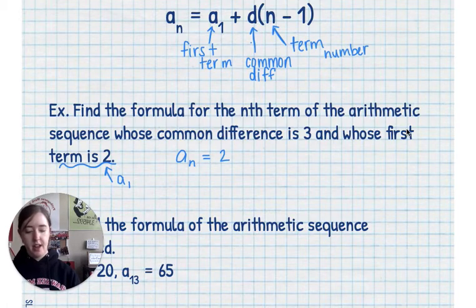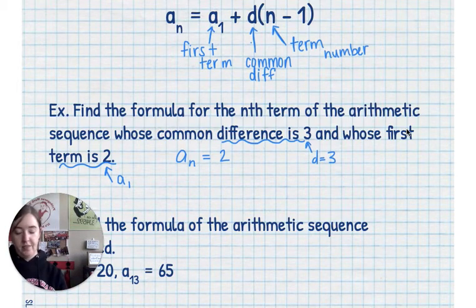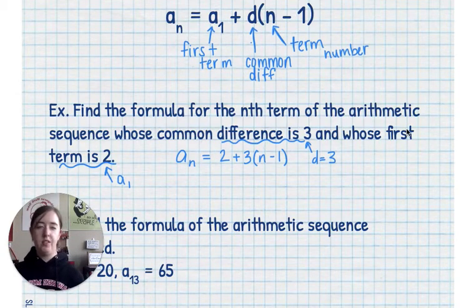And it says my common difference is 3, so d is equal to 3. Cool. So we have 2 plus 3 times n minus 1. n is our variable here.